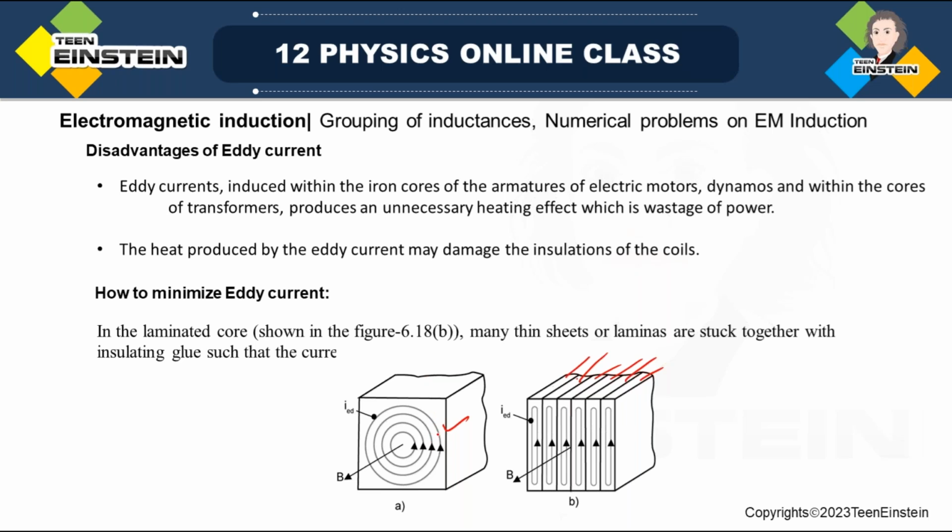Eddy currents flow in the laminated core. See, this is actually a laminated core. Laminated core, in the sense, the core material is cut into thin slices. Those slices are stuck together with insulating glue, and this as a whole will act as an armature or core material.